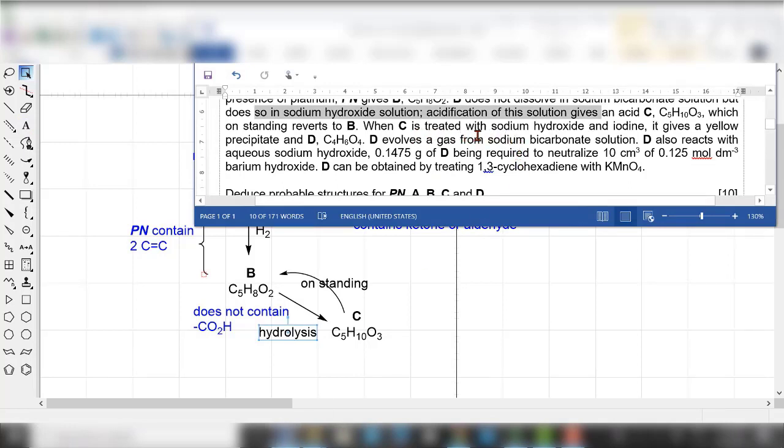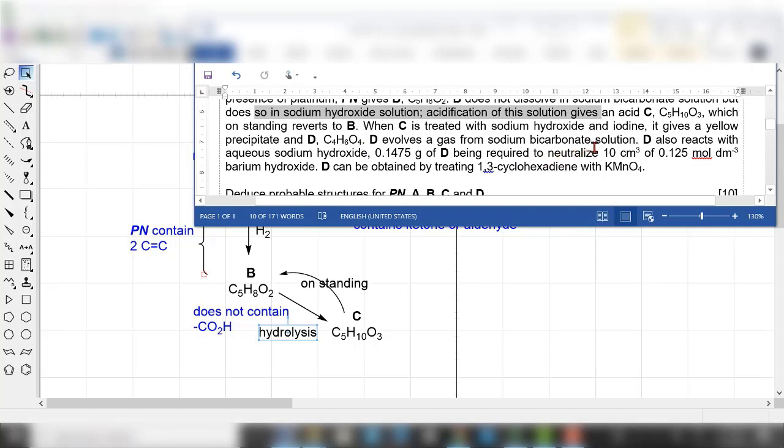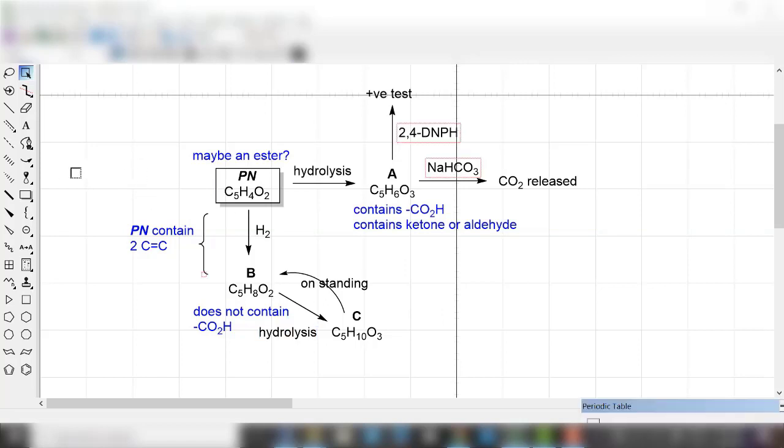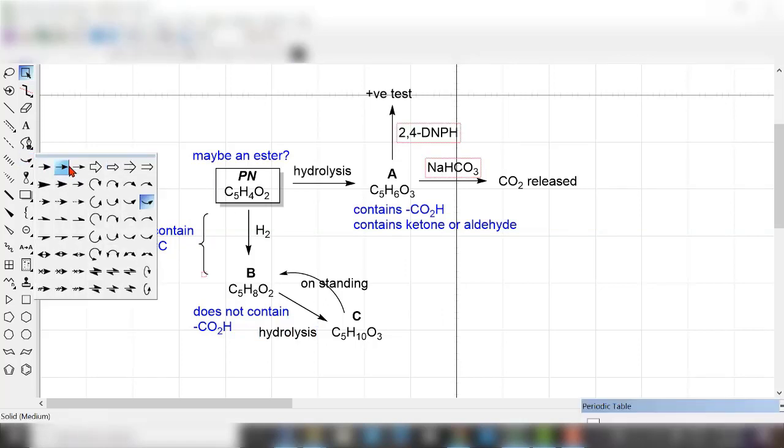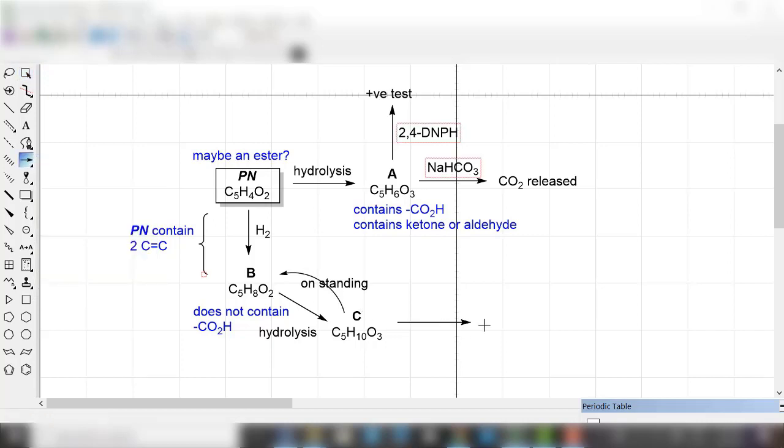Then after that, when C is treated with sodium hydroxide and iodine, it gives a yellow PPT and D. Now, pretty important: I treat C with aqueous alkaline iodine. This is the iodoform test, which most of you are familiar with.